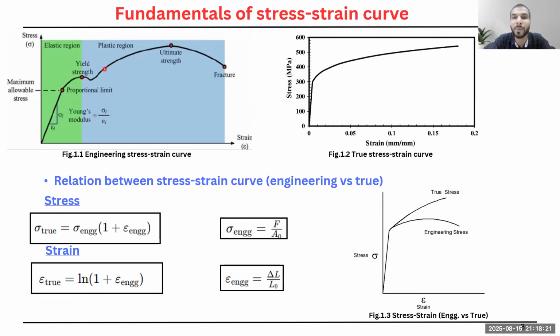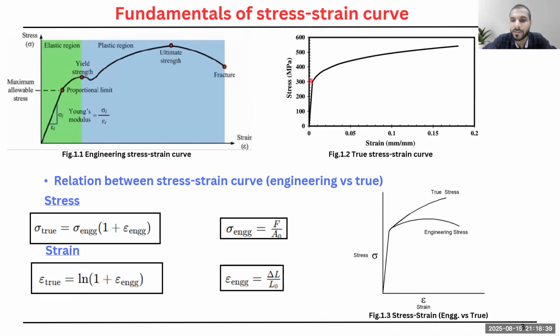So this deformation is permanent deformation. And the maxima of this curve represents the ultimate tensile strength at which necking begins, followed by this fracture point. At this point, the material leads to failure.